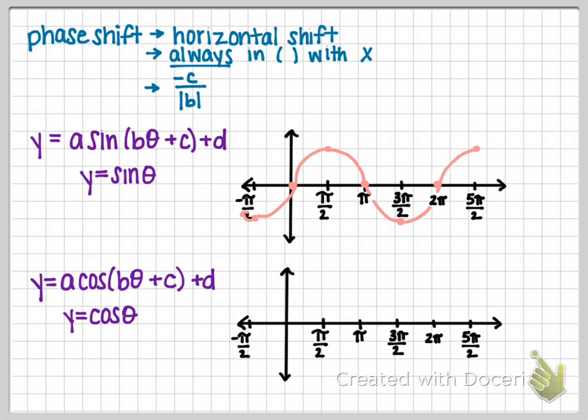There we go. So if you notice, I was able to go through one full cycle from here to here. That one full cycle, from here to here, that is one period.